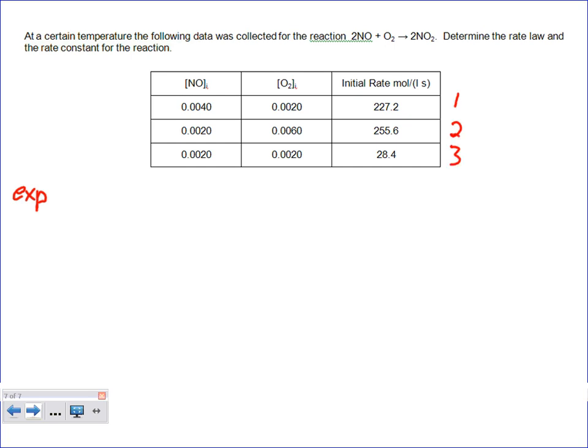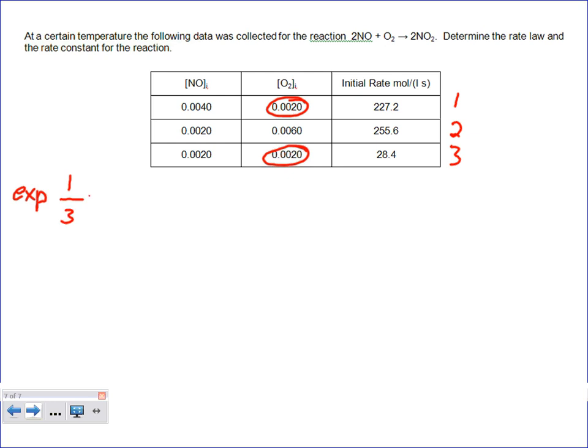If I work with experiments 1 and 3, I can get my y's to cancel out. So I think I'll do that, and I want 1 to be on top because that's larger for my concentrations and my rate.